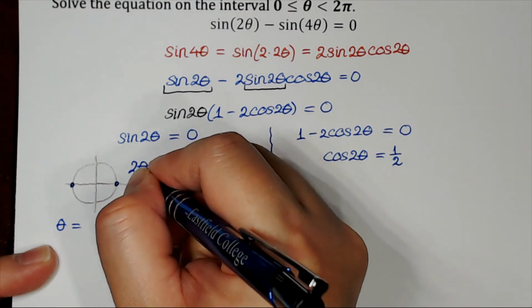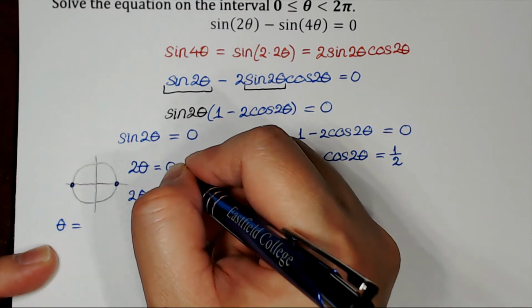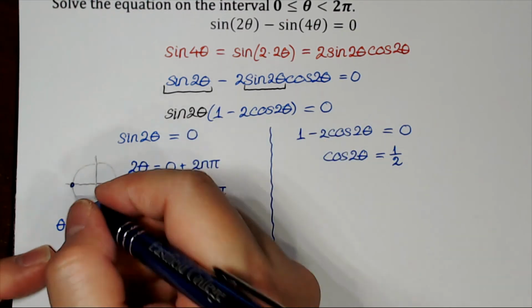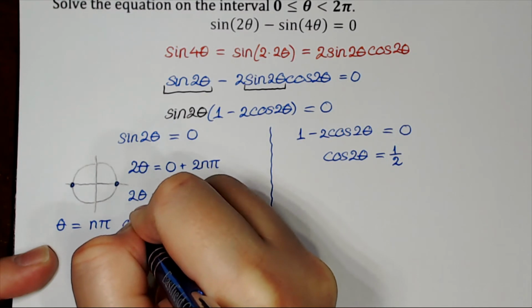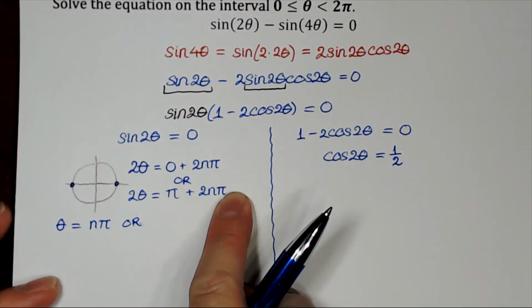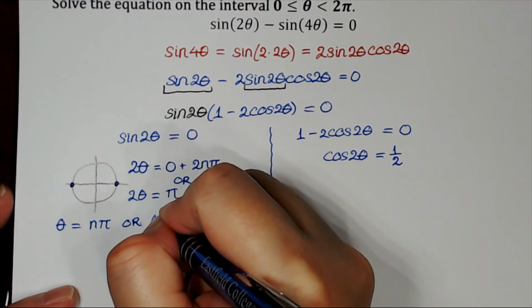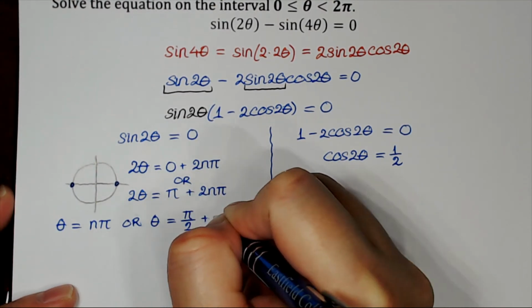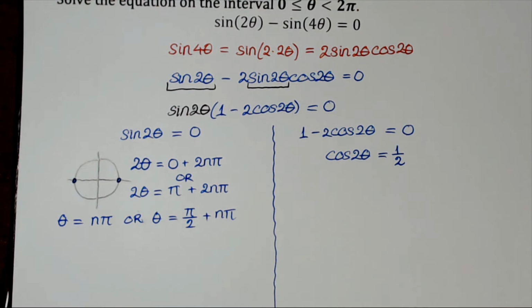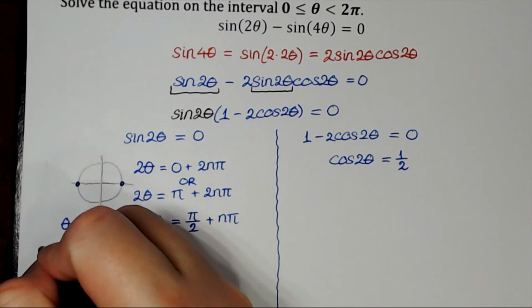We can write sine of 2 times 2 theta. And the double angle gives us 2 sine 2 theta cosine of 2 theta. And that's the only formula we need.